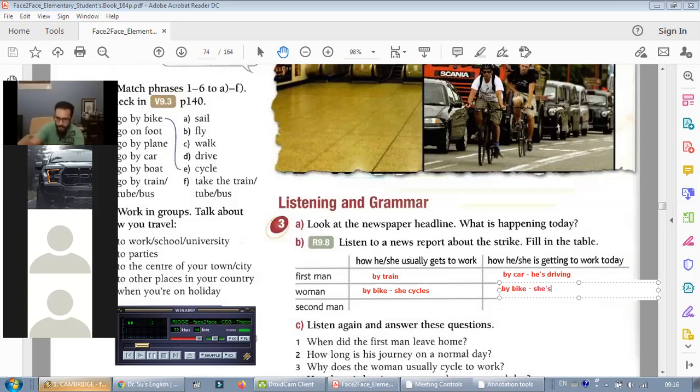Yes, correct. So normally he goes by bus or by tube. This is his normal routine. But today he's walking. Driving, maybe. I think it's driving.